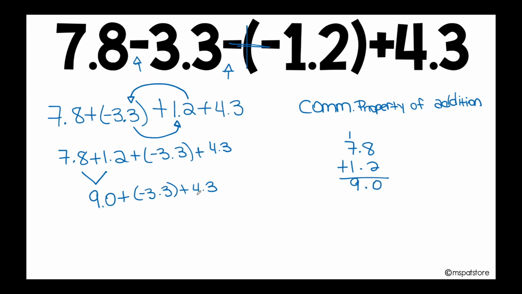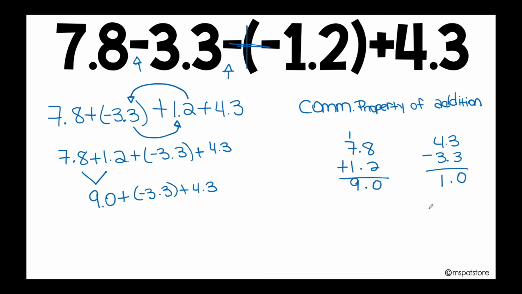Now I'm going to work with these last two terms. As they have different signs, I need to subtract them. Remember, in subtraction, I need to put the greatest number on top. So it will be positive 4 and 3 tenths minus negative 3 and 3 tenths. Remember that I'm basically subtracting their absolute values, okay?